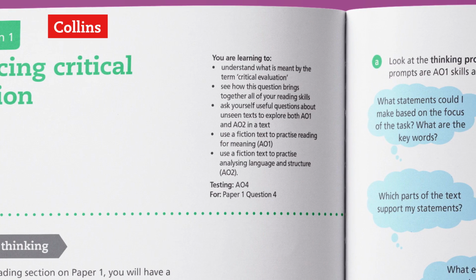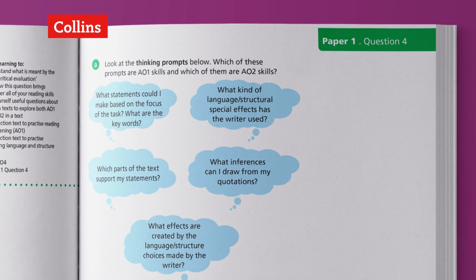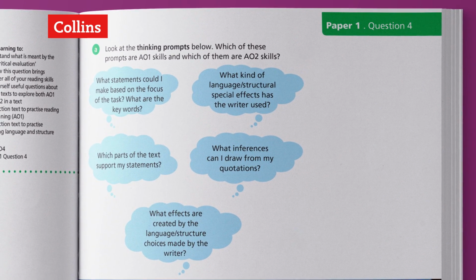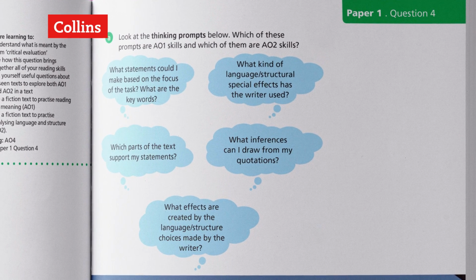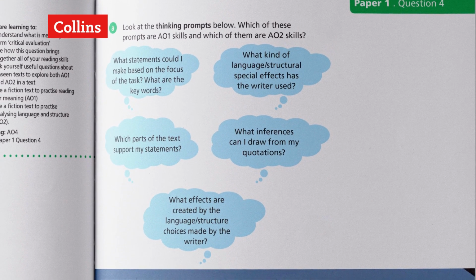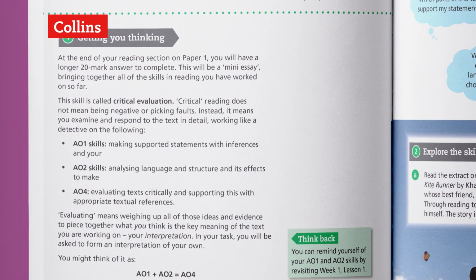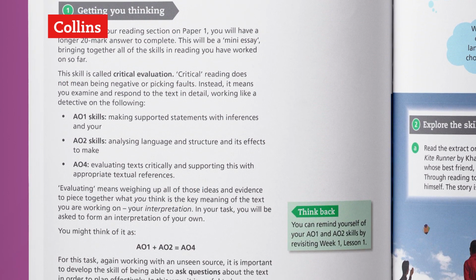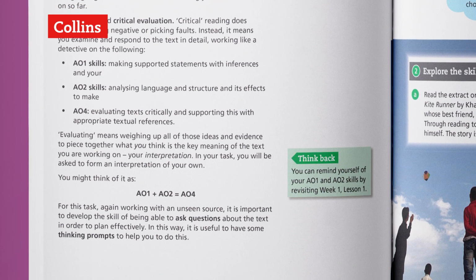So to keep that in mind, what we've tried to do in the textbook is give a really crystal clear method so that students can use the skills they've formulated to address the what and the how in exactly the same way as they've been doing for the AO1 comprehension tasks and the AO2 language and structure tasks, and to blend those two together.